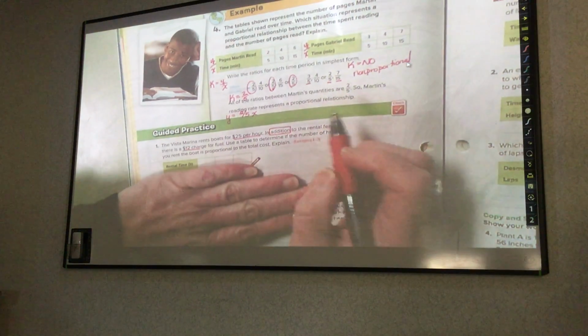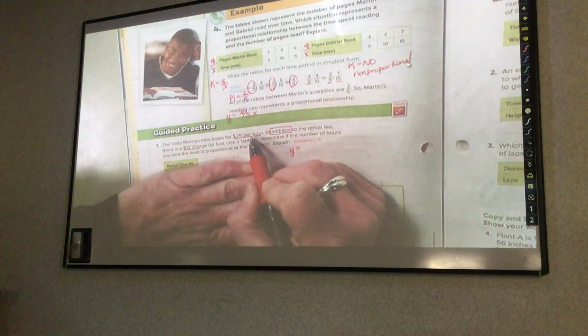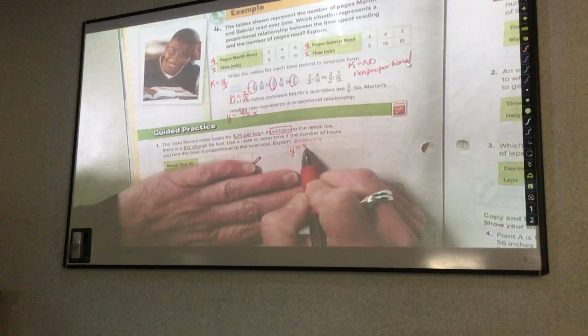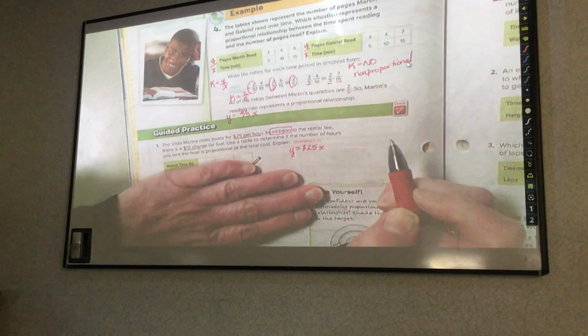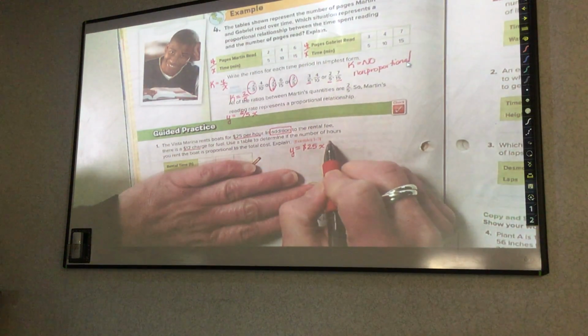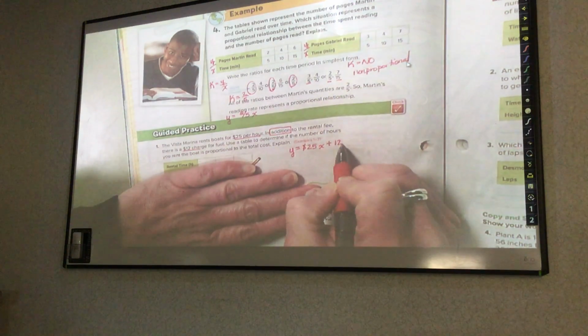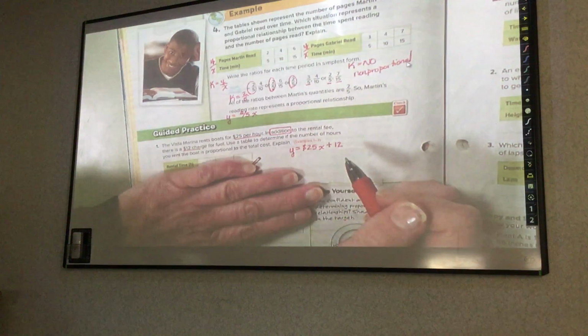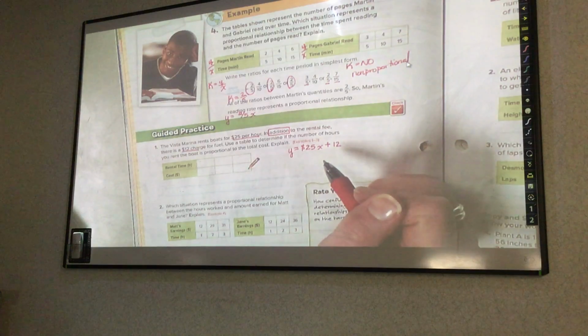So let's try to write our equation. Y equals, it's $25 per hour, so I'm gonna say $25 times X, but in addition, I have to add another $12. Is this going to be proportional? No, because you have an addition problem there.